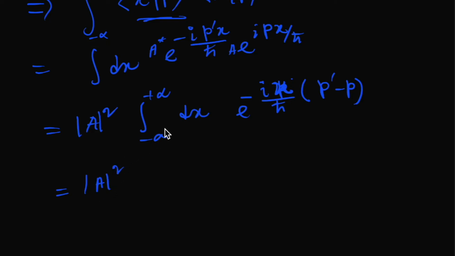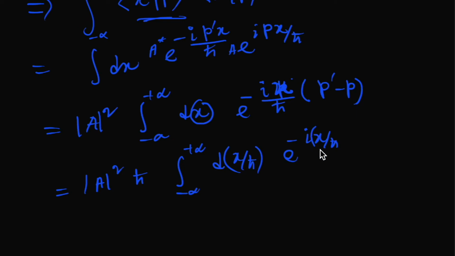If we normalize the variable x by ħ, we will get ħ times the integral from minus infinity to plus infinity d(x/ħ) e to the power minus i (x/ħ)(p' − p).